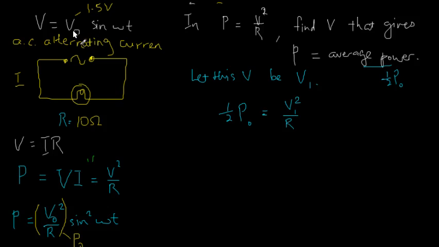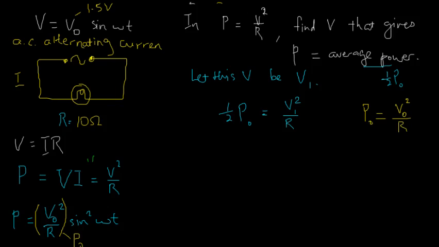And we know how P0, the peak power, and the peak voltage are related. They are also related by this formula. The peak power P0 happens when the voltage itself is at the peak. So P0 itself is equal to the power you get when the voltage is at its peak.